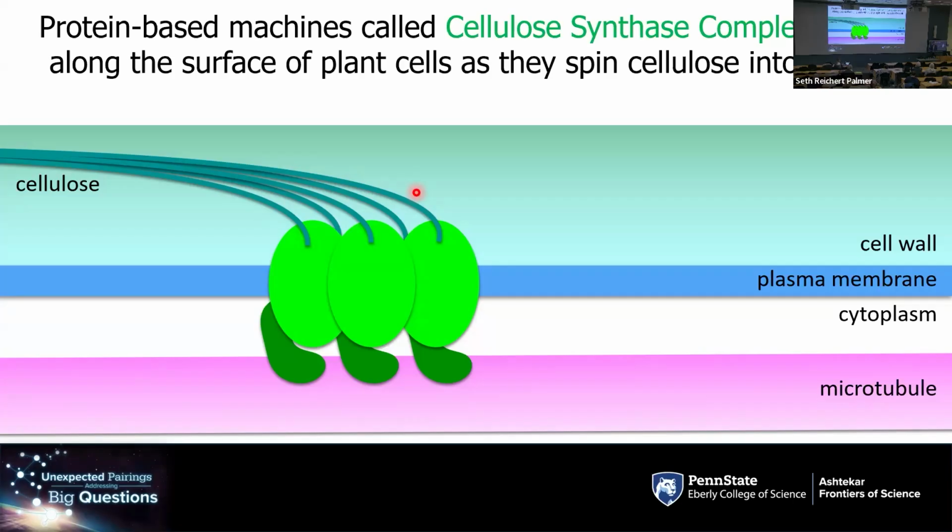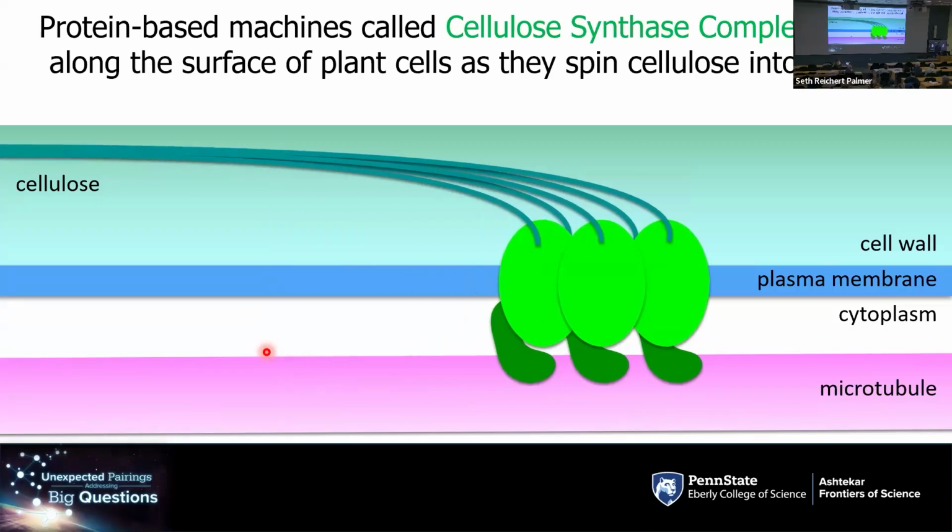And as it does so, it's guided by another protein-based structure called a microtubule that sits just under the plasma membrane and attaches this cellulose synthase to the microtubule and allows it to produce cellulose in a linear fashion, which is how cellulose is partially organized in the wall.